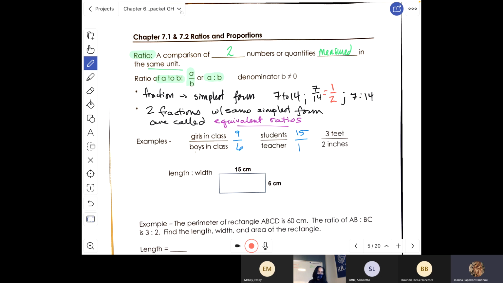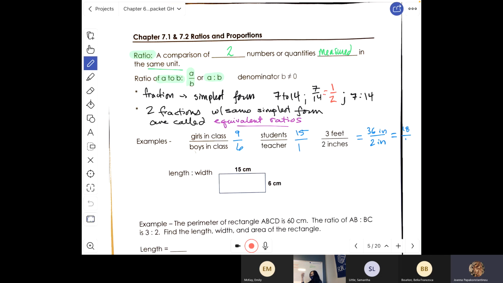Well, since the denominator is not even a foot, maybe we'd want to convert it to inches. How many inches are in a foot? 12. So how would I represent the numerator in terms of inches? So it would be 36 inches to 2 inches. And then if I wanted to simplify that, what would it be? 18/1. Okay.